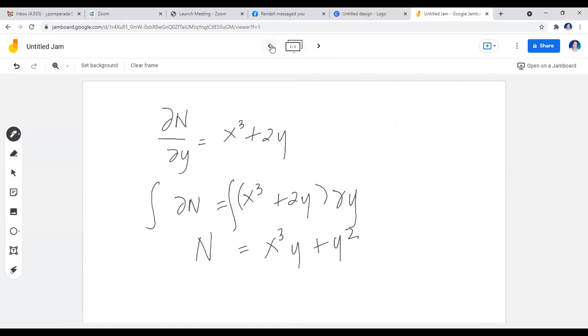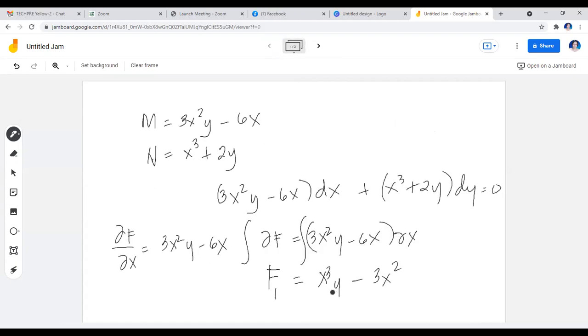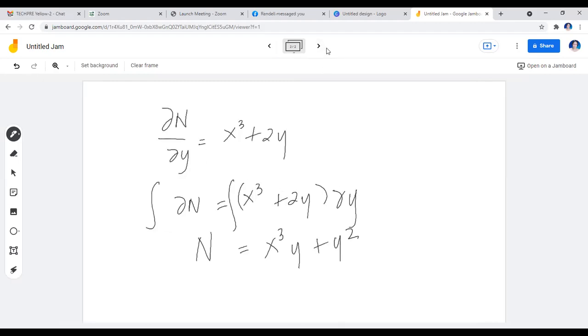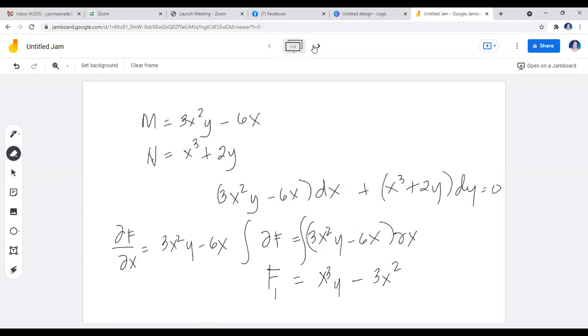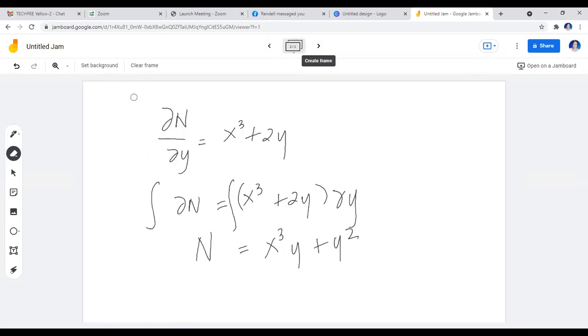Now, let me compare the two. So you have this x cubed y minus 3x squared. By the way, this one is not f. What did I place here? This is, by the way, f.